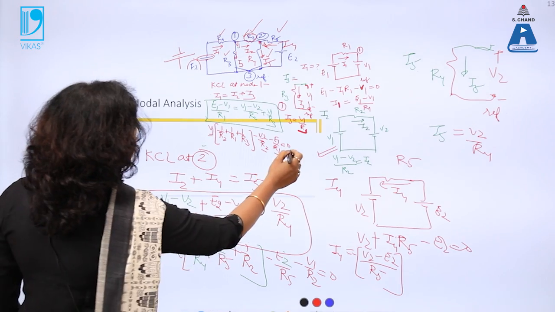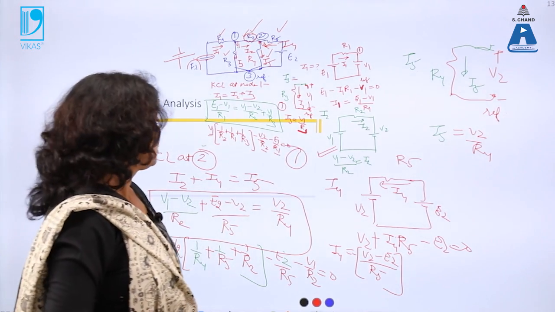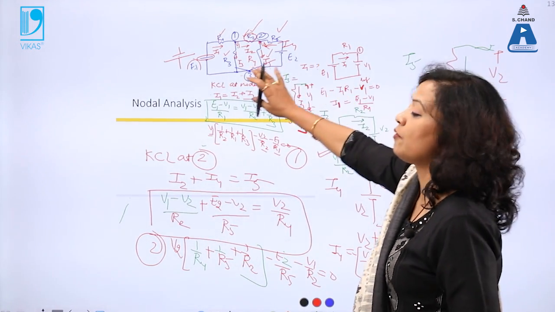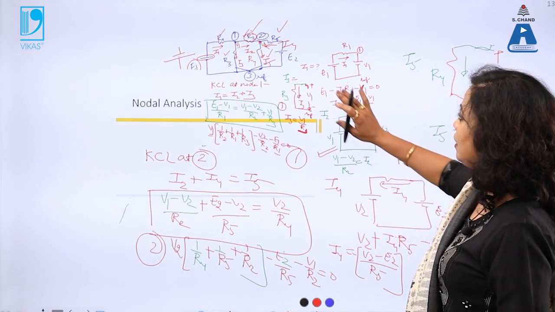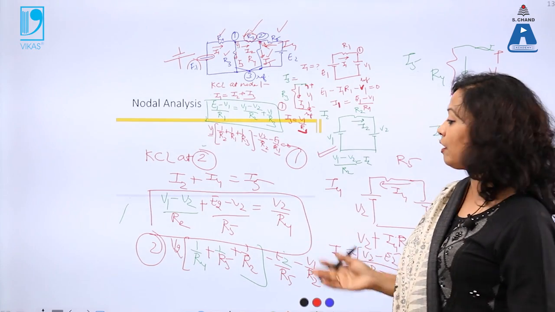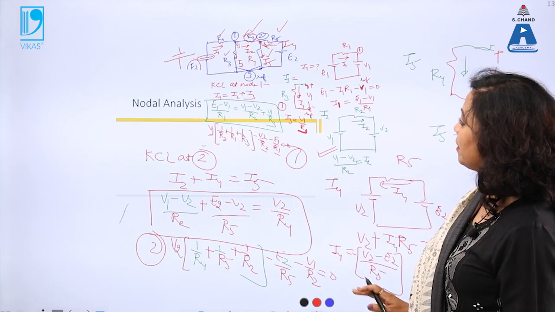So equation 1, equation 2, we have to solve these two equations. I am given all the values of resistances and all the values of voltages. I simply have the variables only V1 and V2. So I have two equations, two variables, I can find out V1 and V2 using these two equations, using simple mathematics.